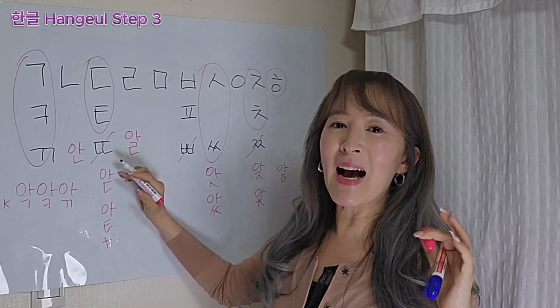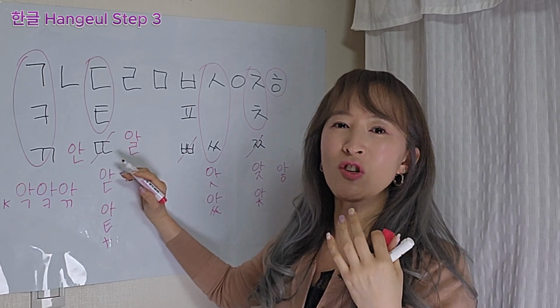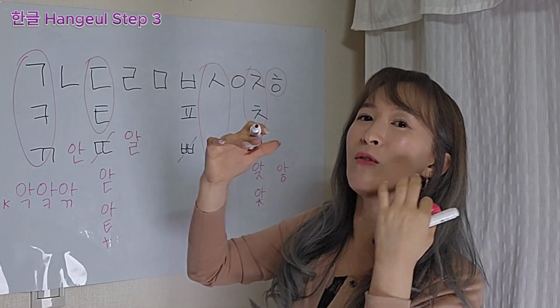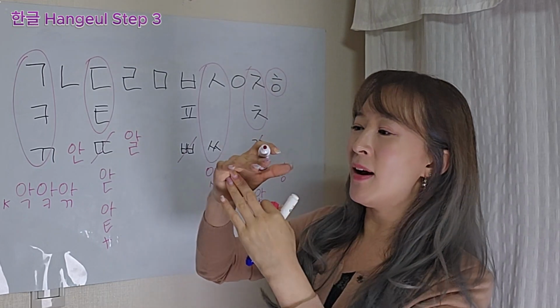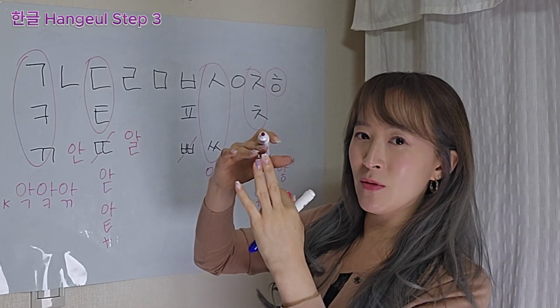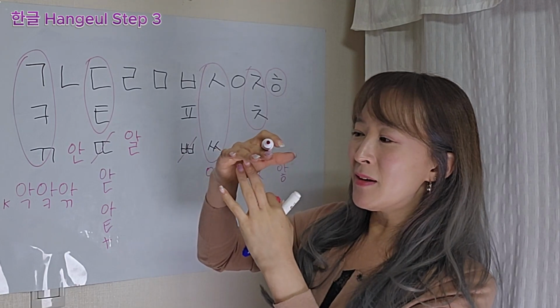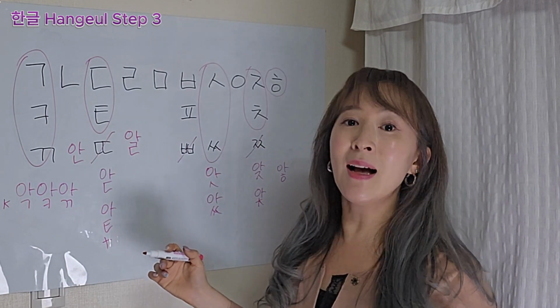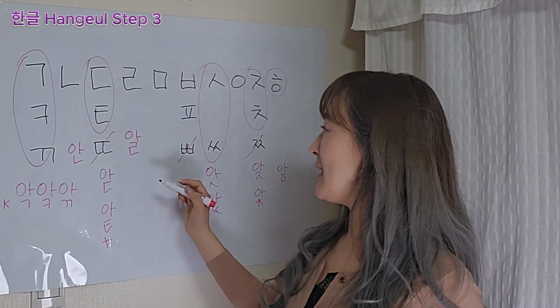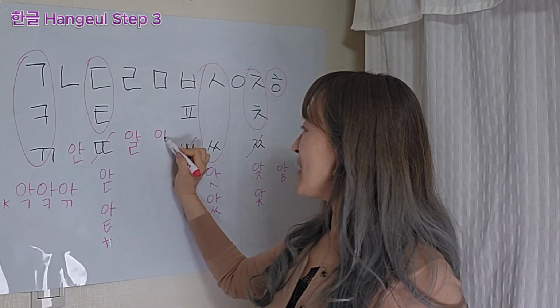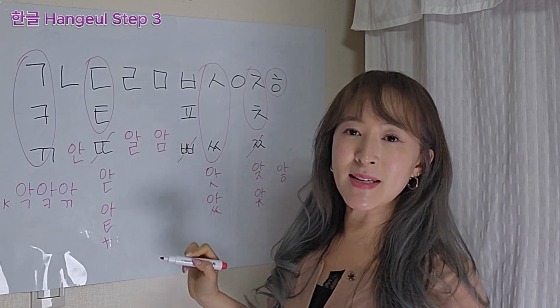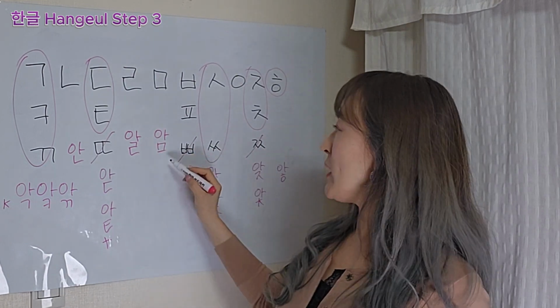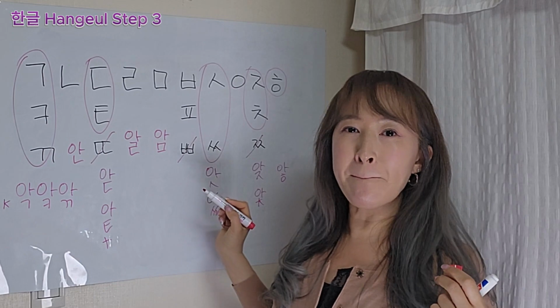But after saying 알, your tongue kind of touches the middle part of the ceiling of your mouth, not behind your front teeth. And this 미음 is like the M sound, right? So here too, am.